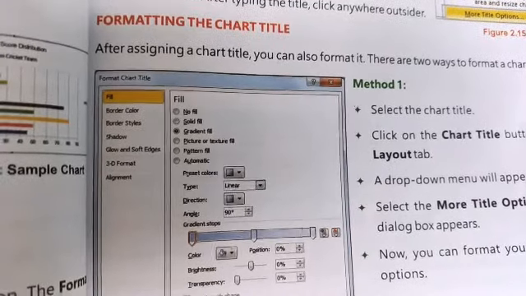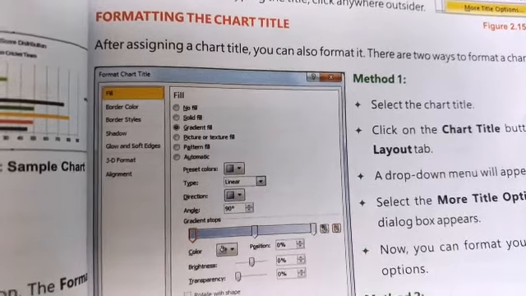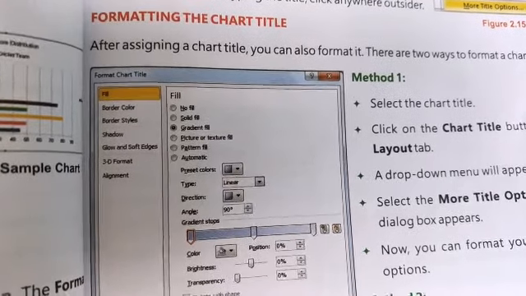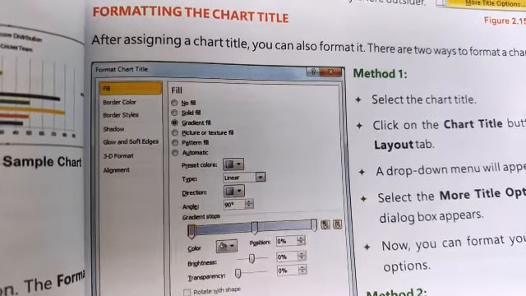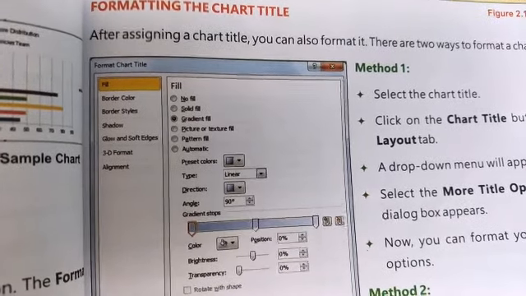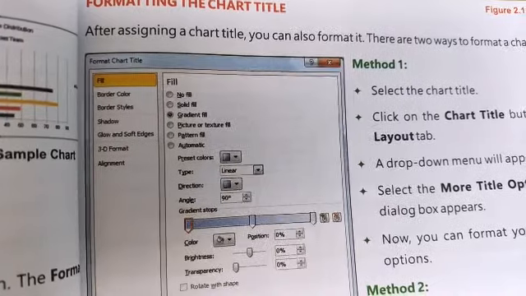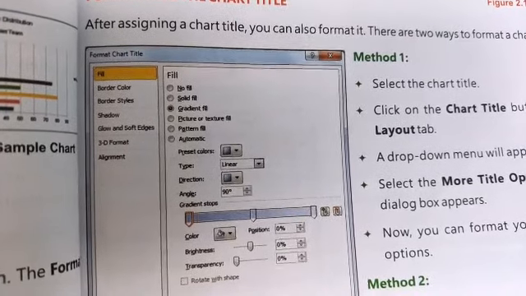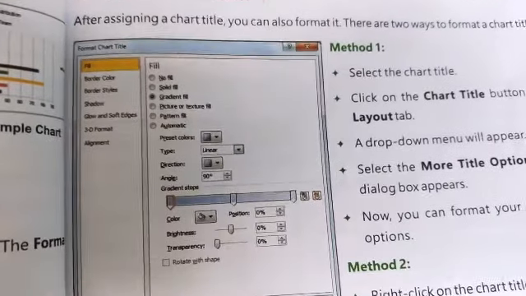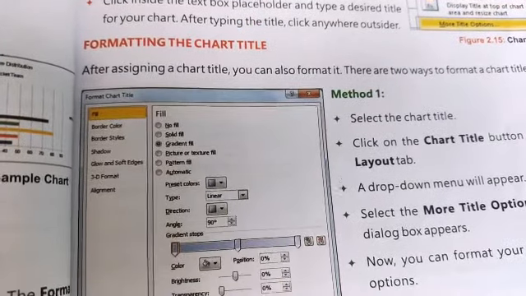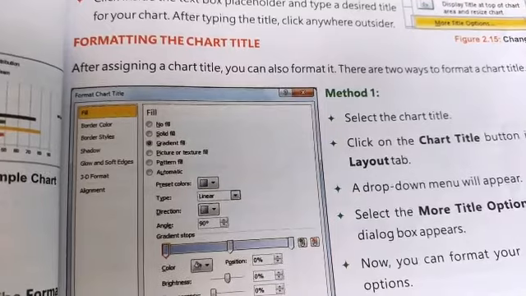After inserting the chart title, if you want to change the chart title, or change the font or color or texture or the background, you can also do it with the help of formatting the chart title.